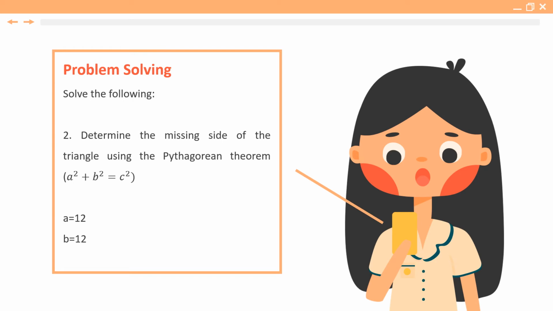How about this one? We need to determine the missing side of the triangle using the Pythagorean theorem. The Pythagorean theorem is already indicated here. So we have a squared plus b squared equal to c squared. We are already given a and b.